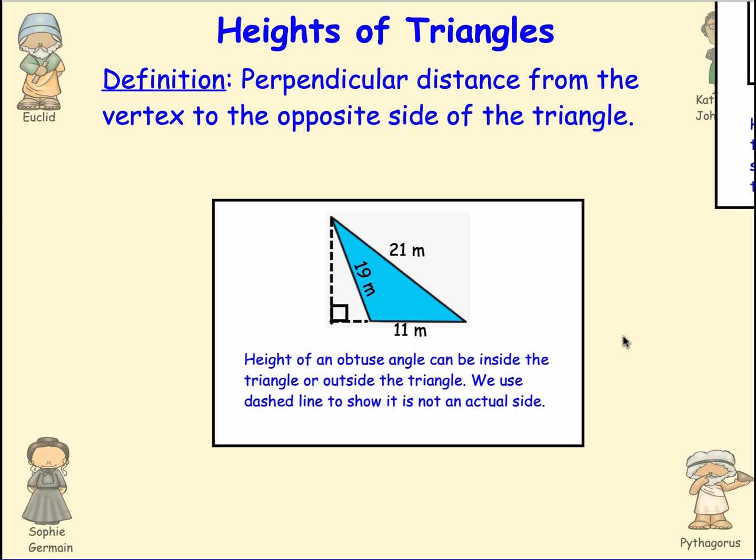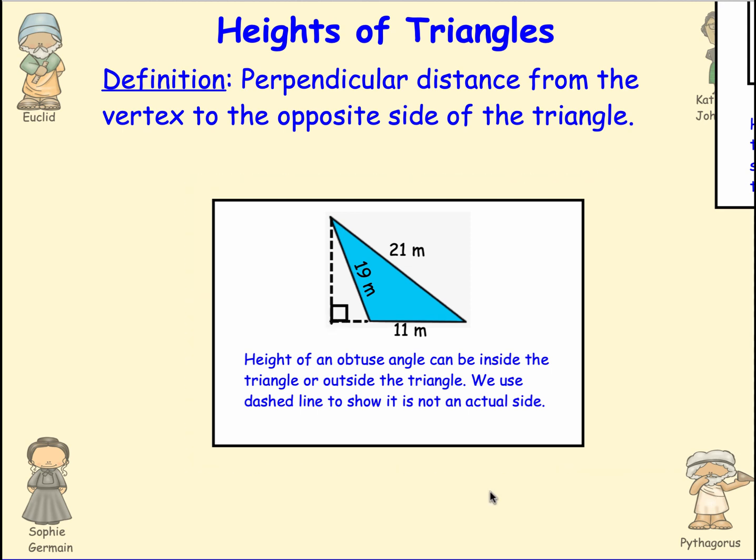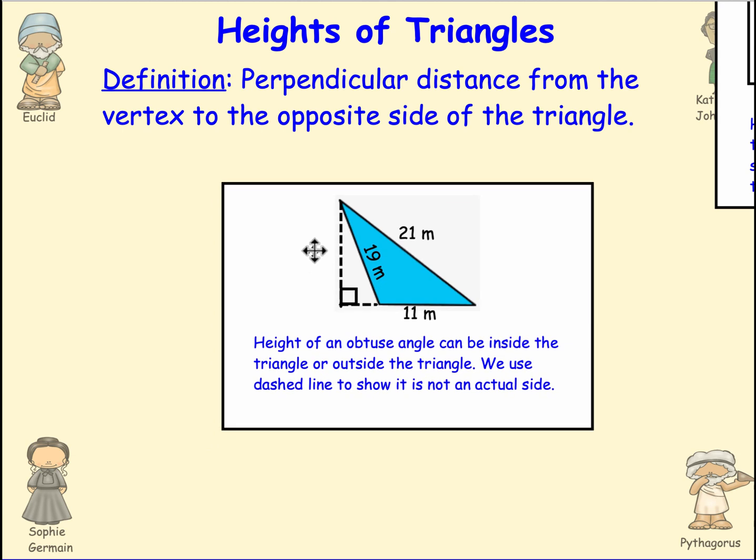Okay, now this is an obtuse triangle, but remember that not all the time does it have to be outside. This is just an example of when it is outside. So we extend the side and we say, I got my 90-degree angle. And so what is connecting the 90-degree angle? That would be this.